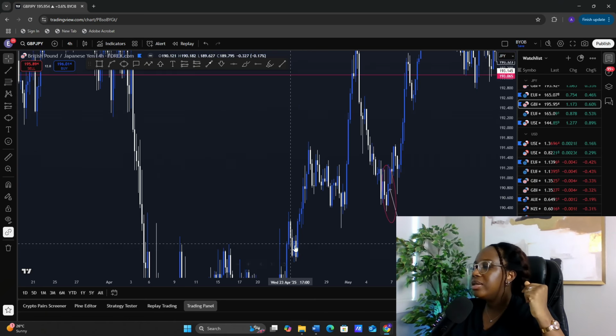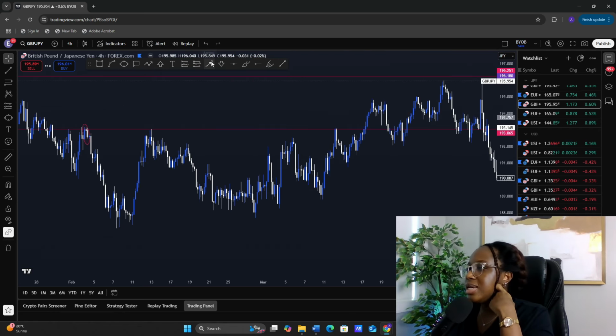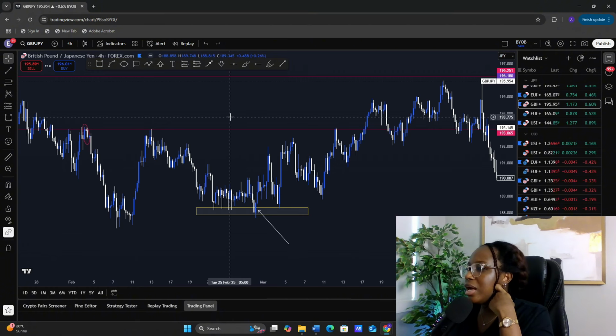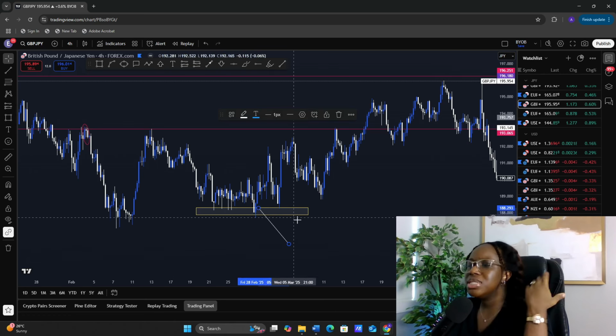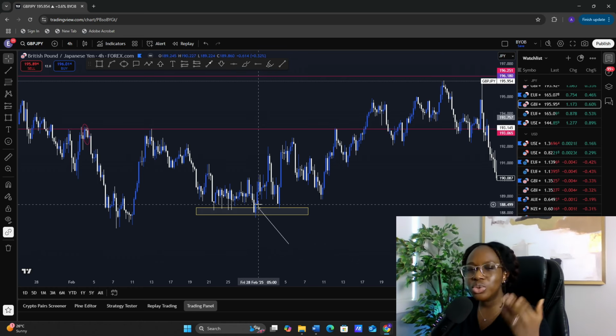Let me find another example. This right here would be yet another example. We have price at a level of support here, and then we have a bearish candle, this white candle, followed by a bullish candle. But you see, the candle did not engulf the previous candle, and it's also not a doji.